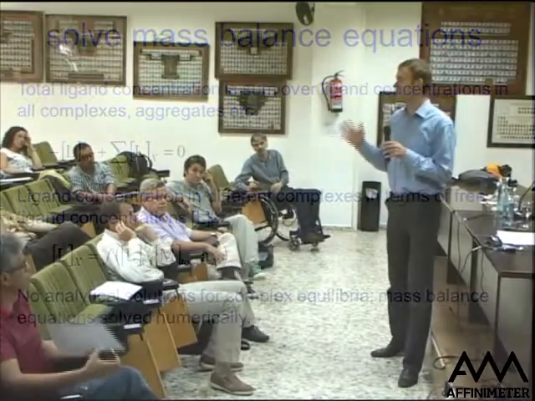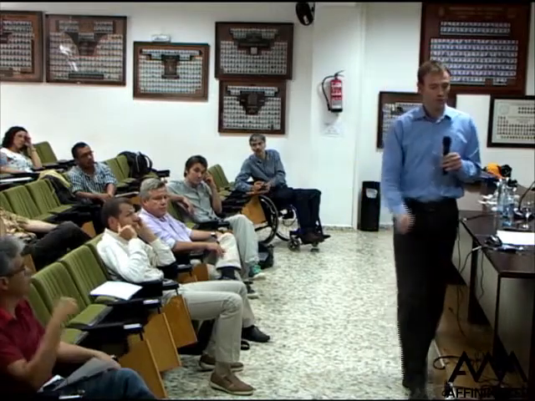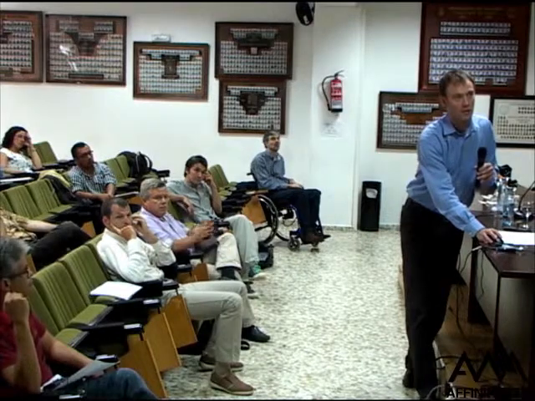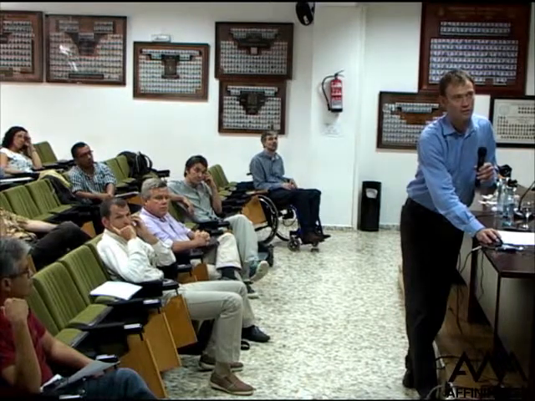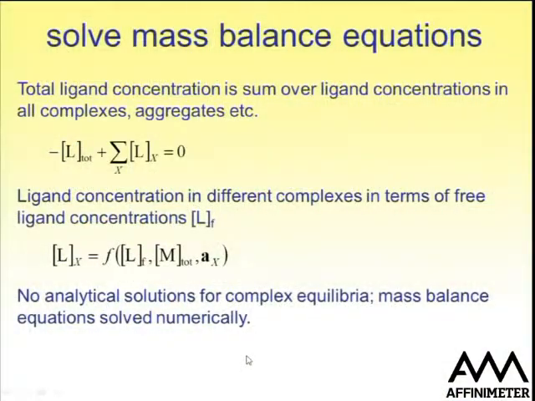So for every place where your ligand can be, a binding site or an aggregate, you need to come up with an equation like this. You then do a summation over all of these different terms, and that has to be your total ligand concentration.